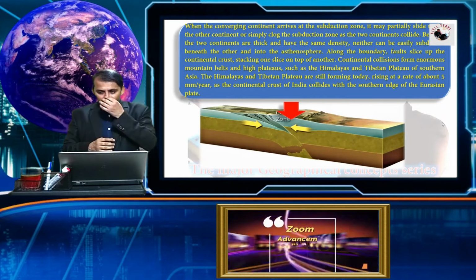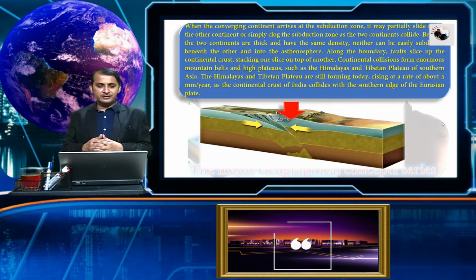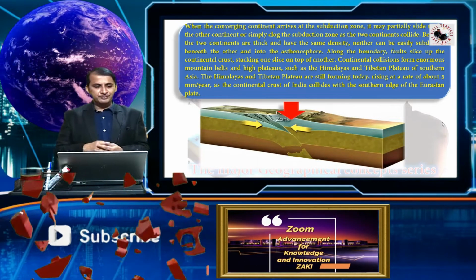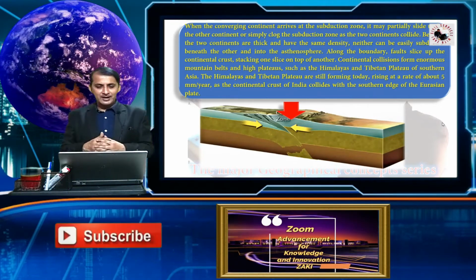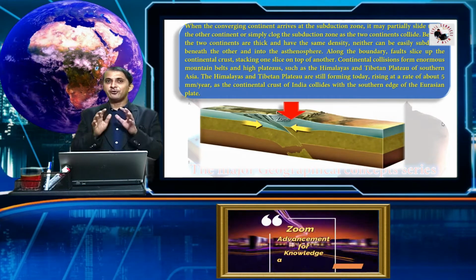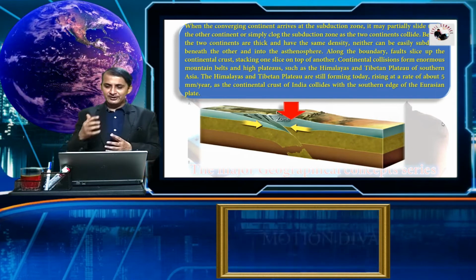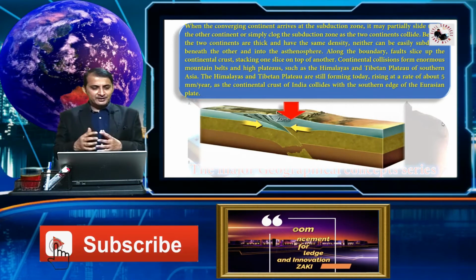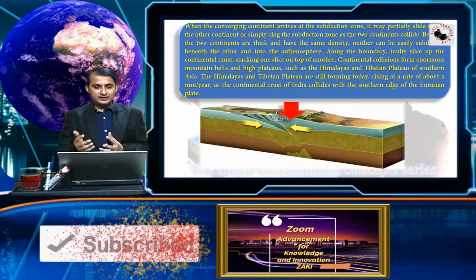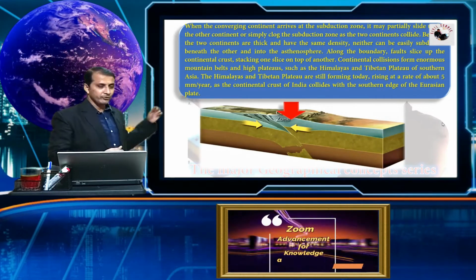Continental collision forms enormous mountain belts and high plateaus such as the Himalayas and the Tibetan plateau of southern Asia. The Himalayas and the Tibetan plateau are still forming today. They don't stop, because they are rising at a rate of about 5 millimeters per year as the continental crust of India collides with the southern edge of Eurasia.